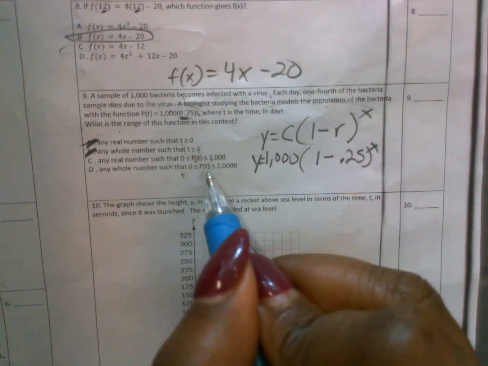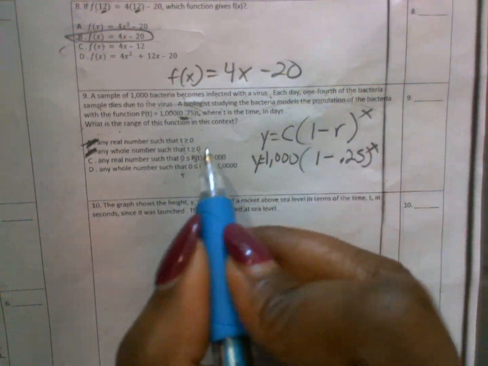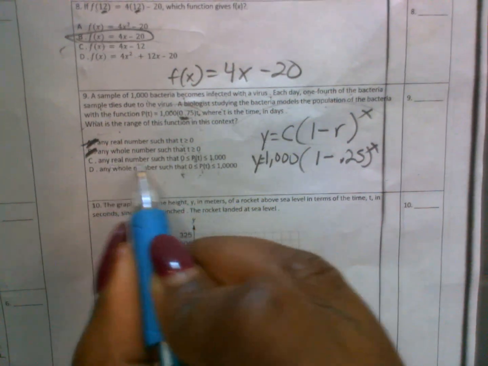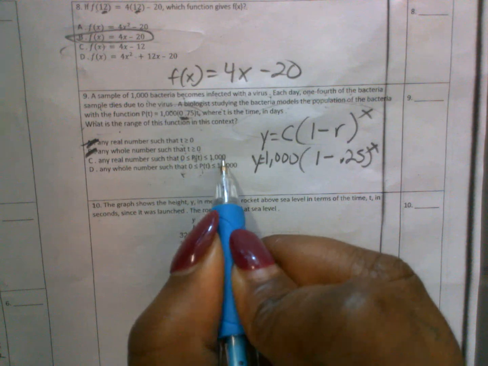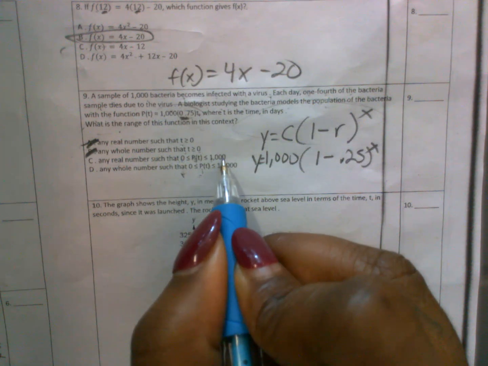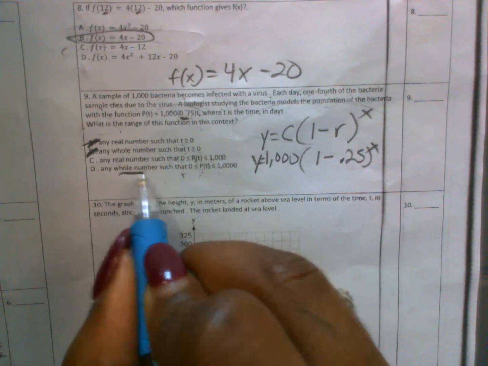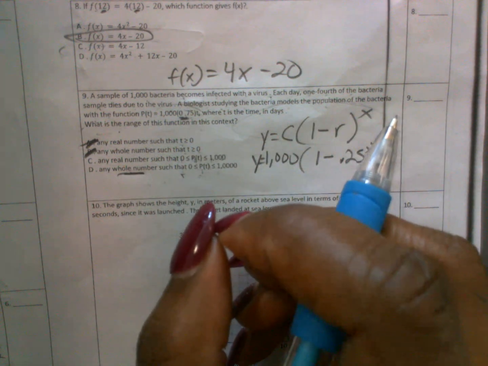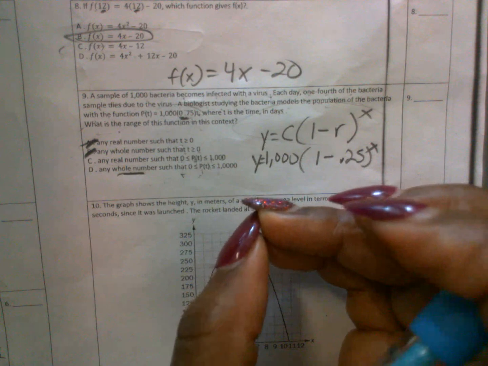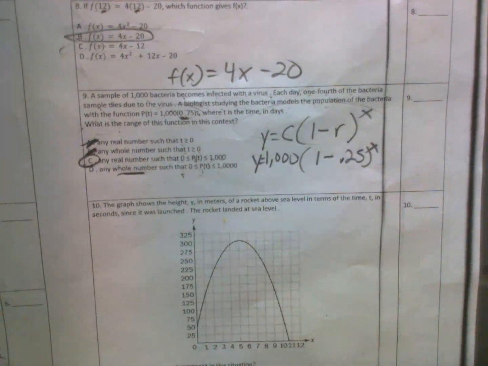It's talking about y, p of t, not t itself. So this is saying that it's any real number between 0 and 1,000. That's true. Any whole number? No, because it can be a decimal.